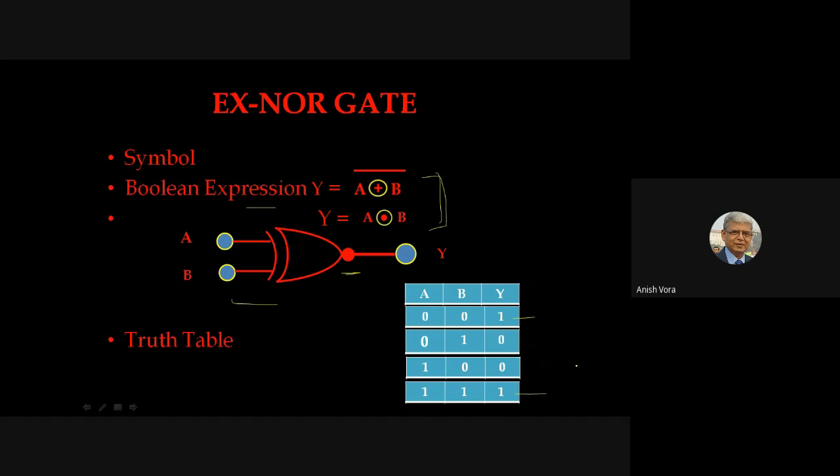આ જે આપણે વાત કરીએ છીએ એ અત્યારે exclusive NOR gate અથવા XNOR gate ની વાત કરીએ છીએ. When both the inputs are equal, પછી એ 0 0 પણ હોઈ શકે કે 1 1 પણ હોઈ શકે, right? But when both the inputs are equal, we have output high.